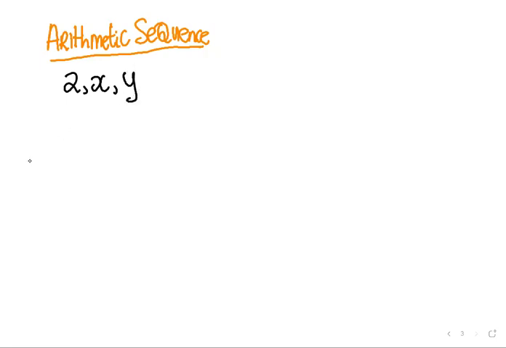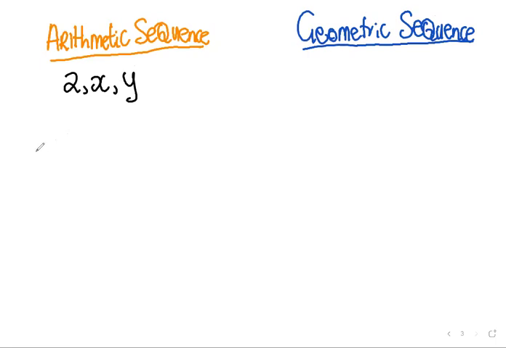And then on the other side, we're going to have a geometric sequence right here. So for a geometric sequence, what are we basically having? We're having x, y, and 9.